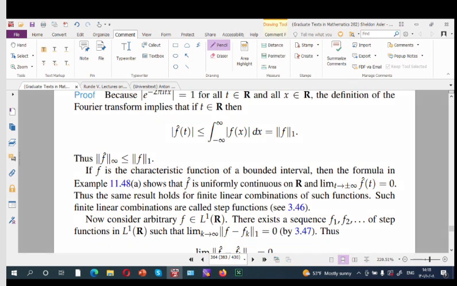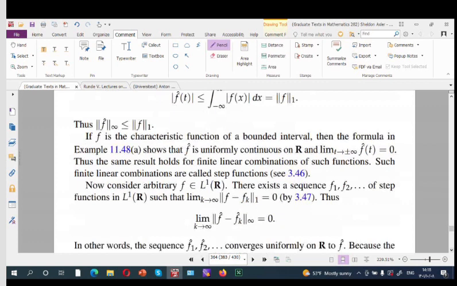and in this book it is this proposition. Thus, this must be 0. By this relation, we prove this relation for any f in L1, okay?